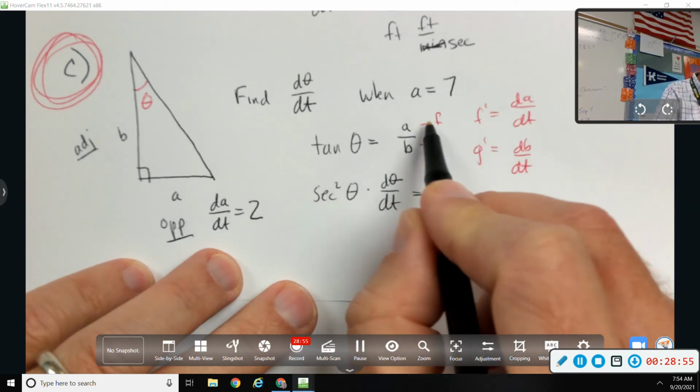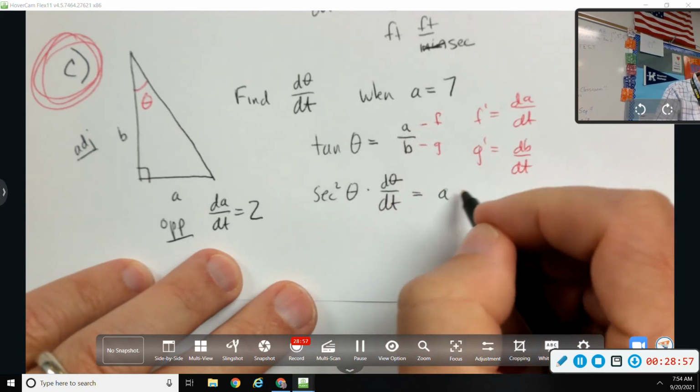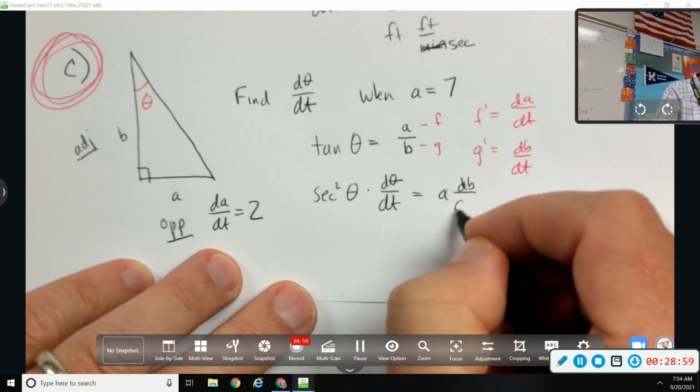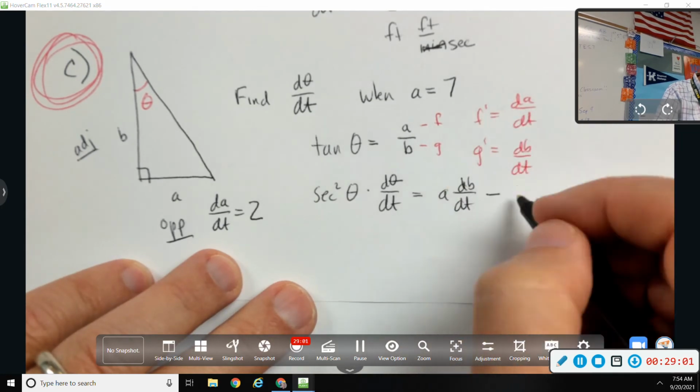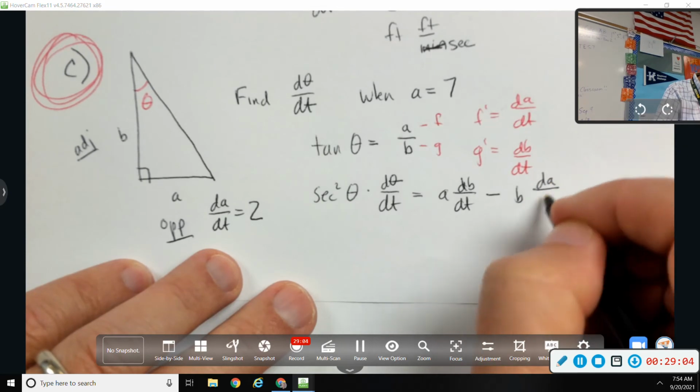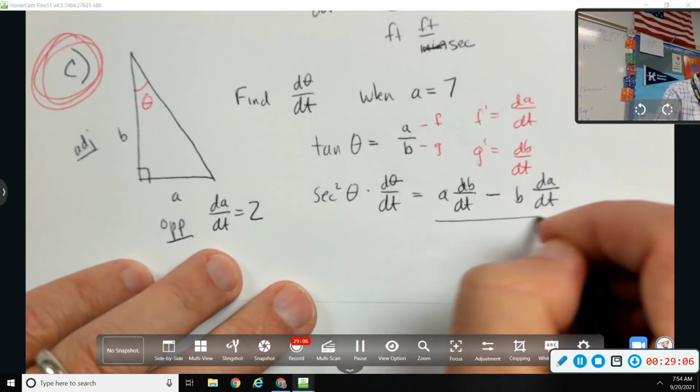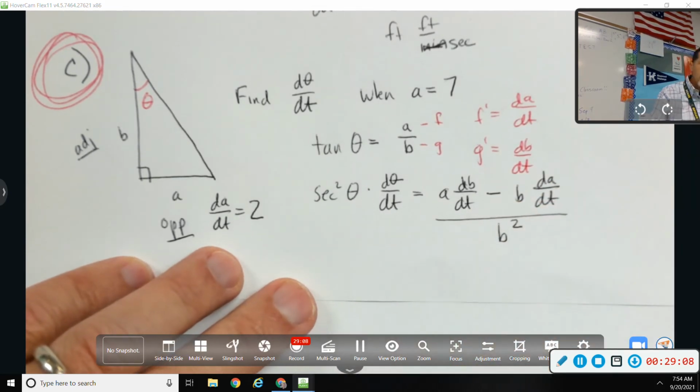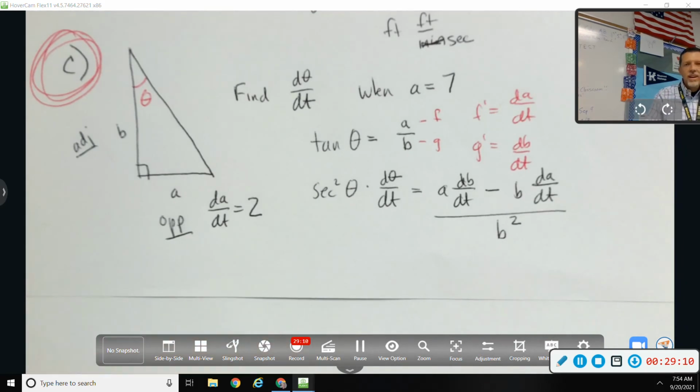So let's see, fg prime, a dB dt minus gf prime, b dA dt, all over g squared. I thought the gf prime was first. Did I mess that up? I sure did.